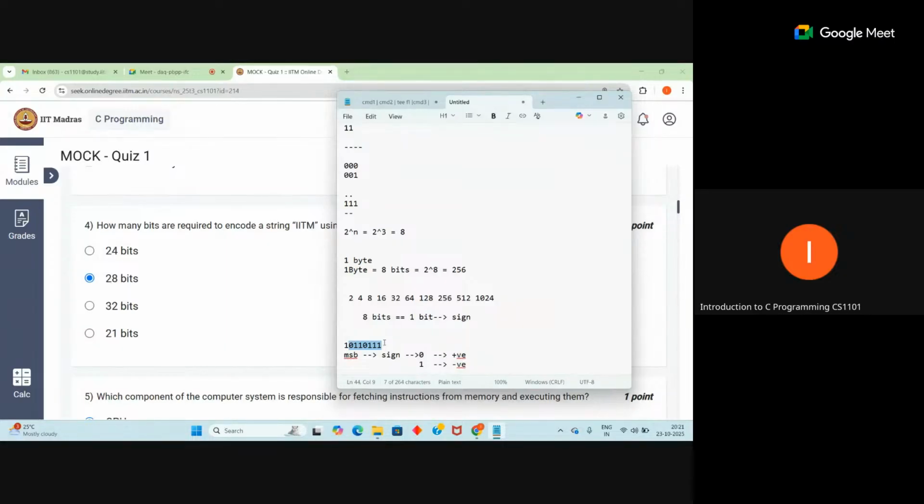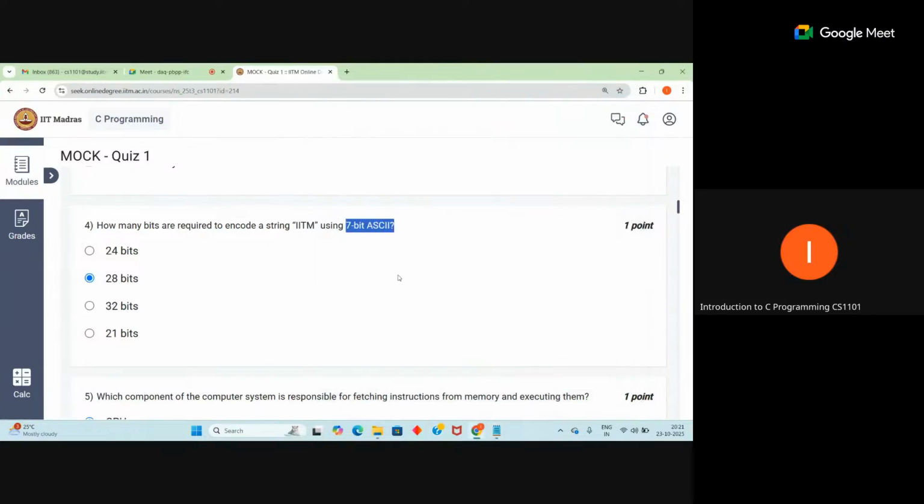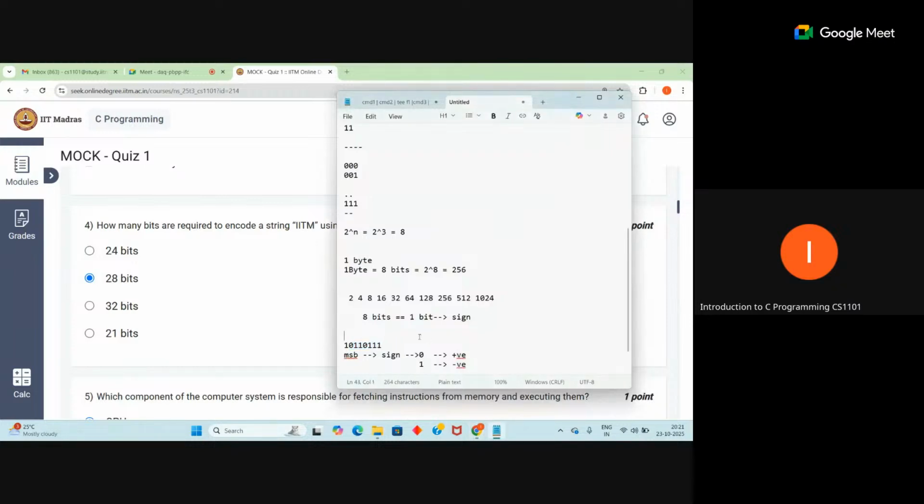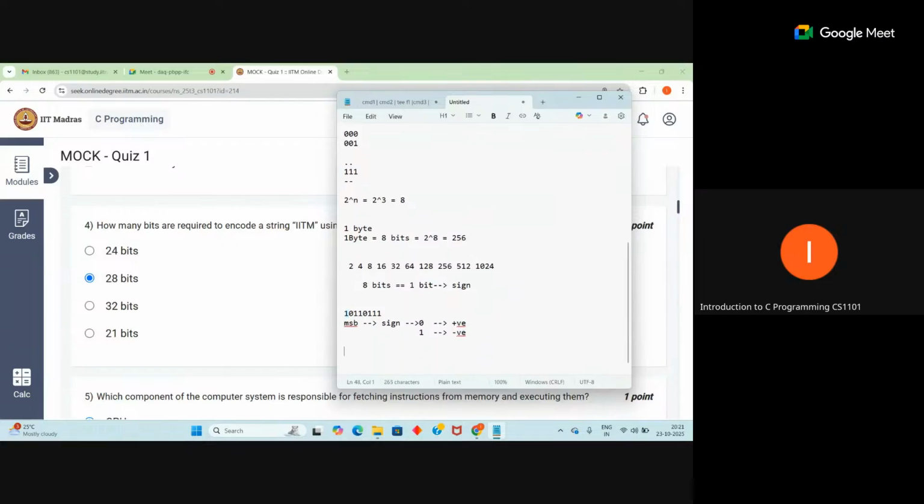So that's why here it is given that we are using 7-bit ASCII. If we are using 8-bit data and the MSB is used for sign, using 8 bits you can represent 256 different values. Those values are minus 128 to 127.